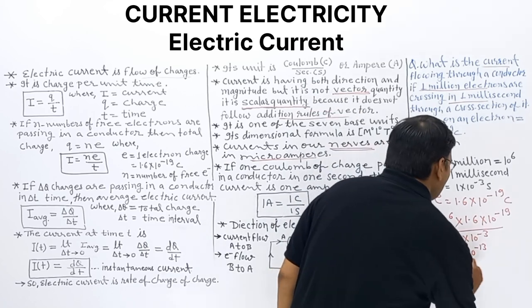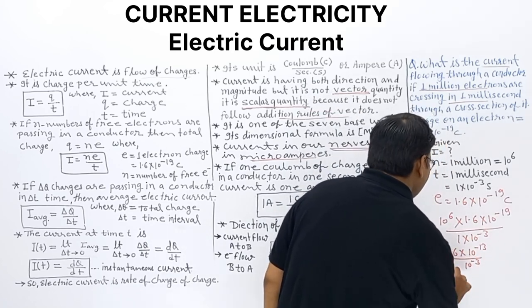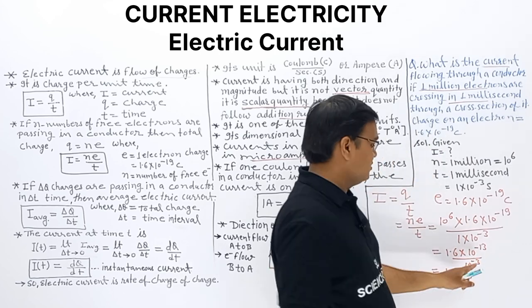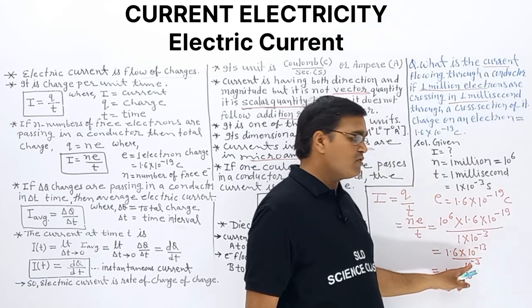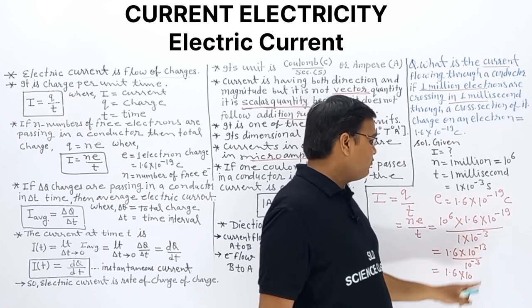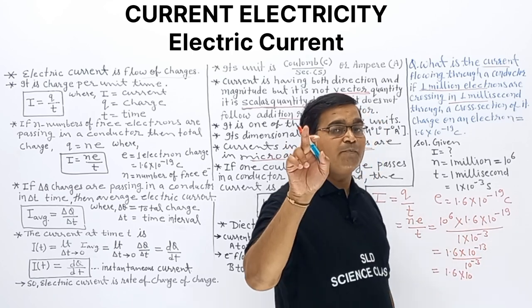In the denominator we have 10 to the power minus 3. So finally, 1.6 into 10 to the power minus 13; the negative power in the denominator comes to the numerator and becomes positive. Then we get 10 to the power minus 13 into 10 to the power plus 3.